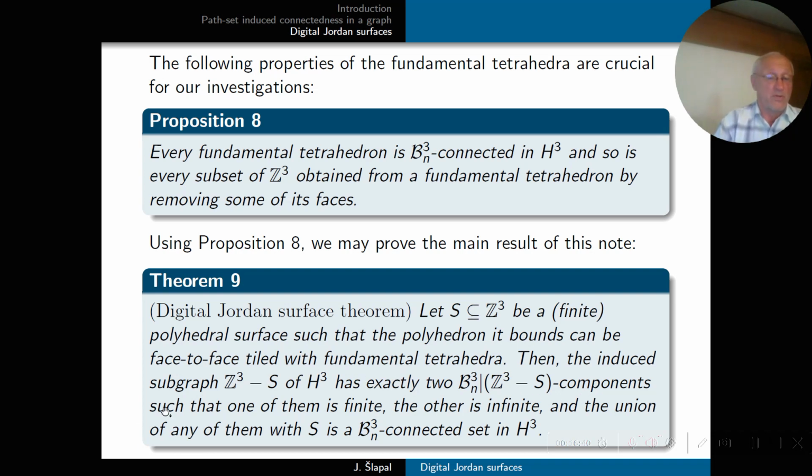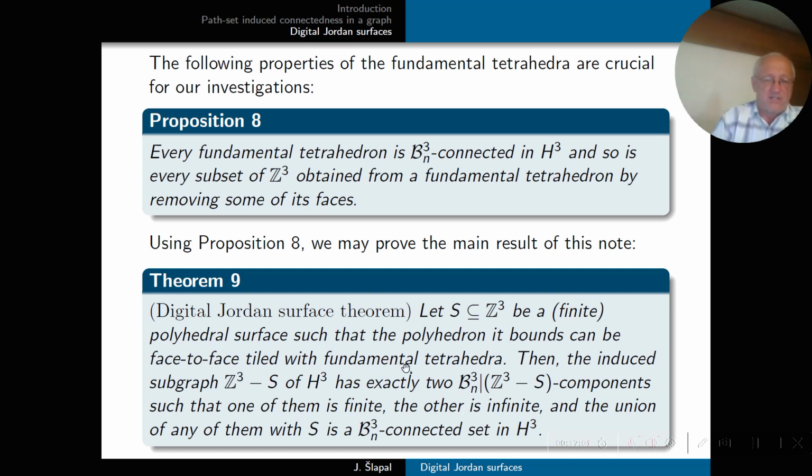It means two components such that one of them is finite, the inside component, and the other is infinite, the outside component. And the union of each of them with S is connected in this space. So it is the main result which defines the digital Jordan surface.